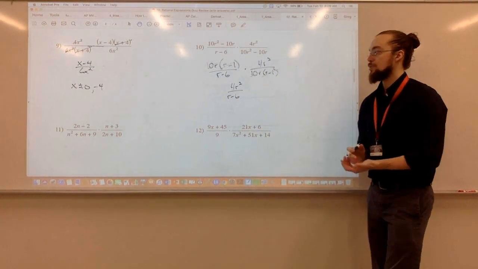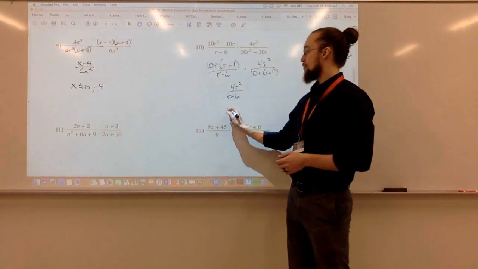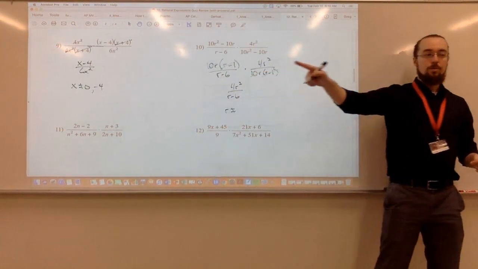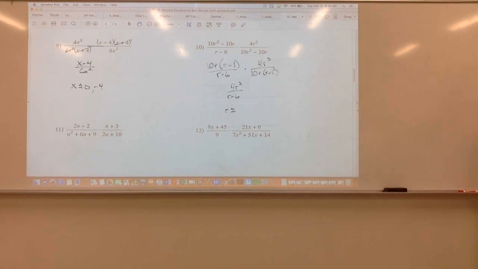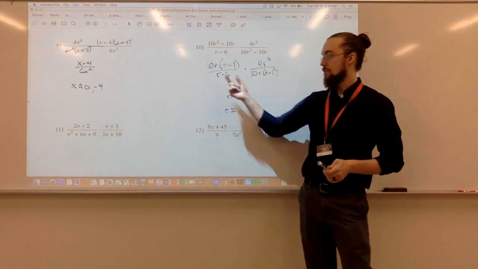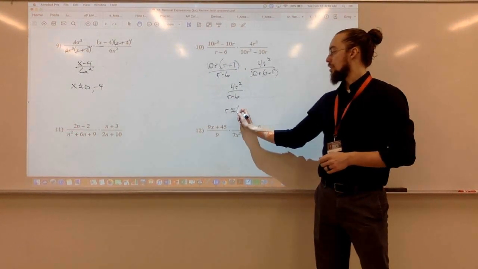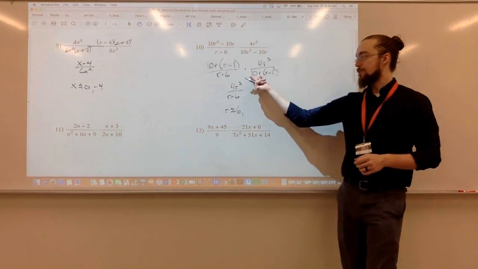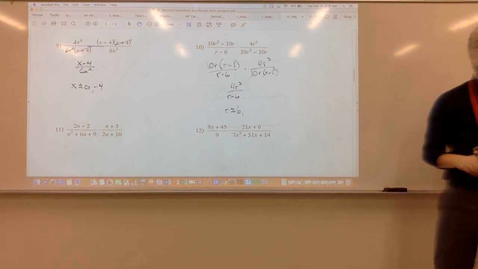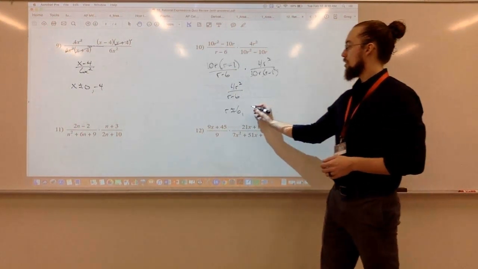And then we need our restrictions. So the first factor that was in the denominator was r minus 6. What value of r would make that equal to 0? 6. Then my next factor is 10r. What value of r would make that equal to 0? 0.